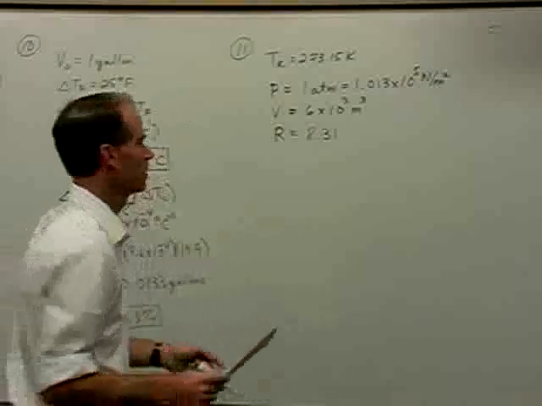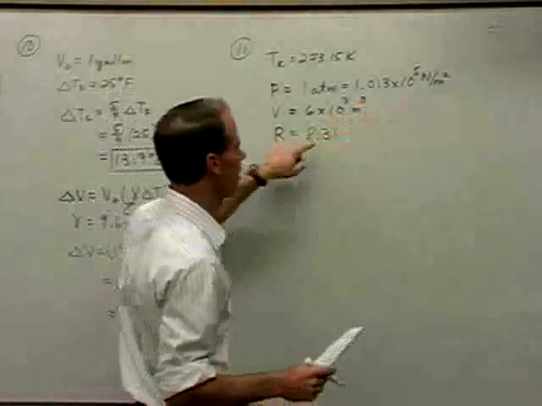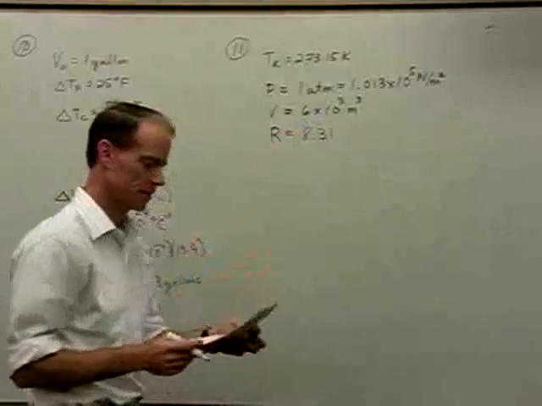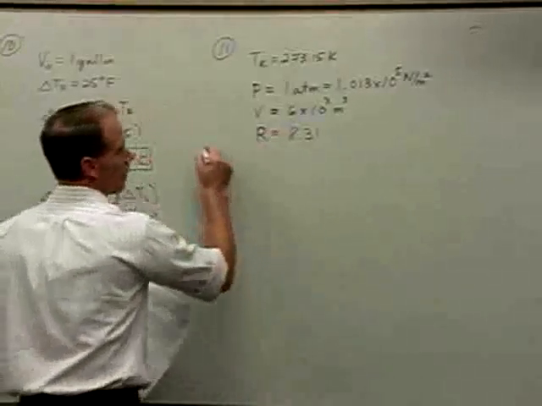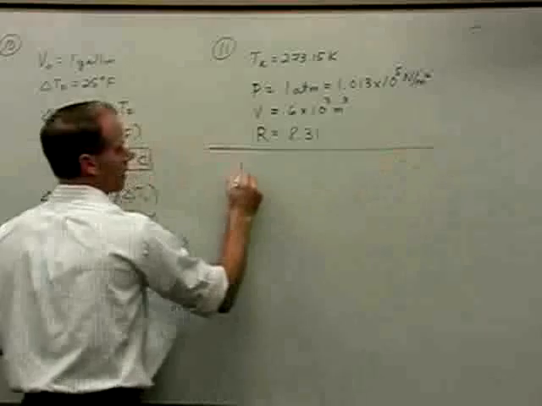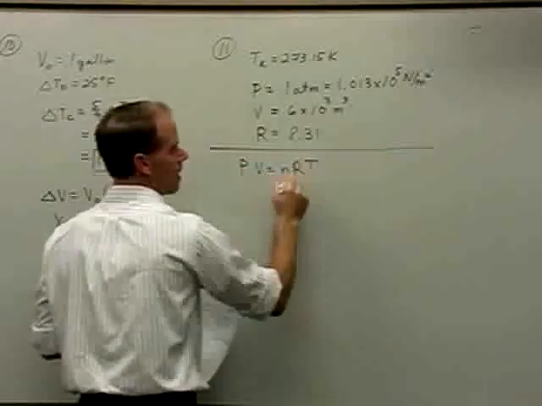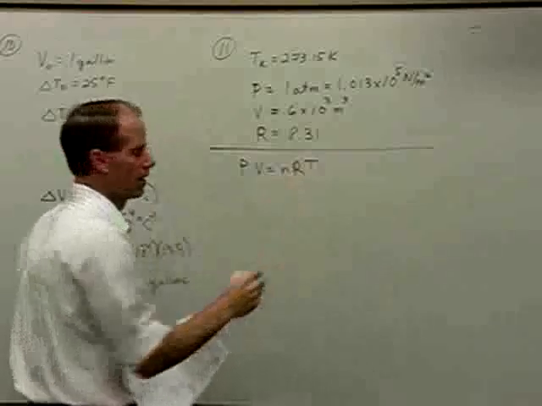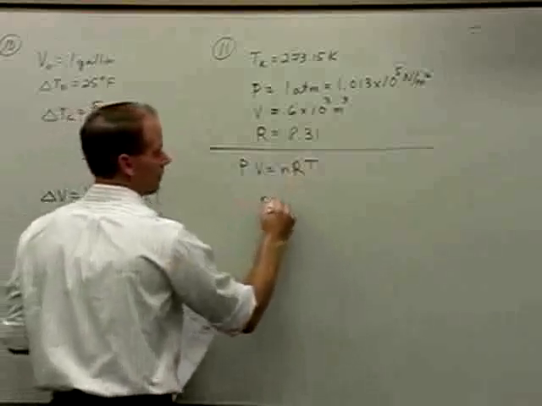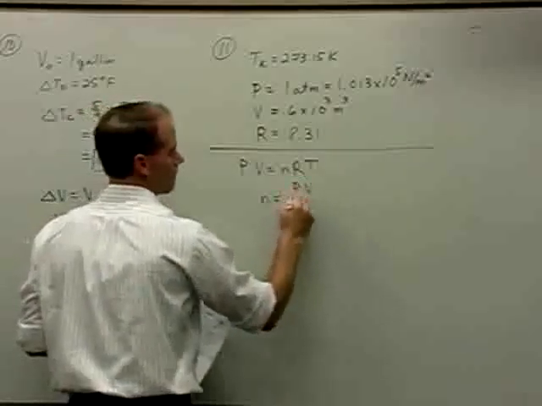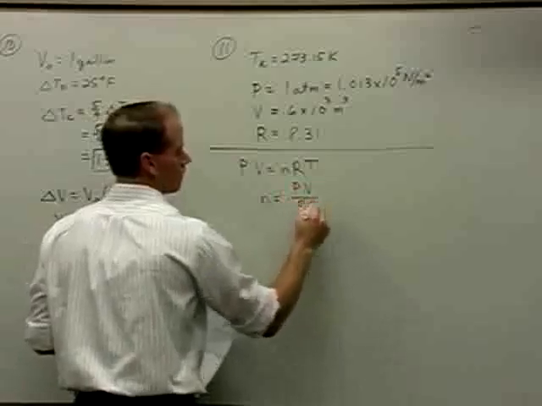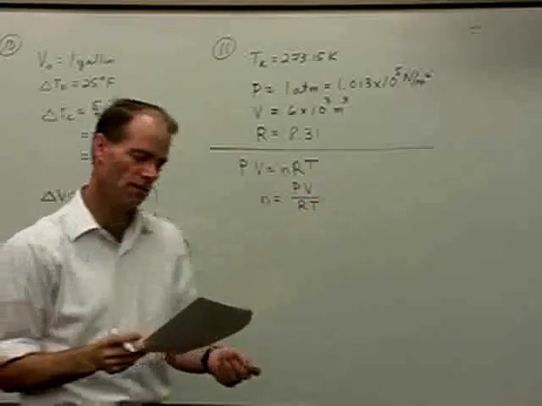So we're in the SI system. Start off with the ideal gas law, PV equals nRT. Let's find the number of moles, n, of this gas in the room. Number of moles is PV over RT.